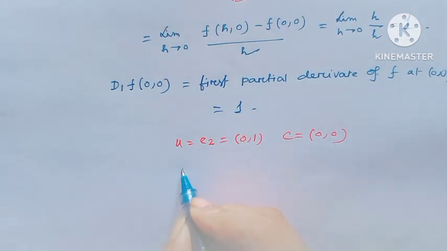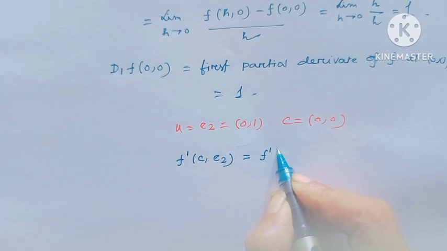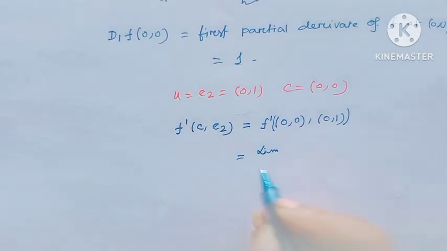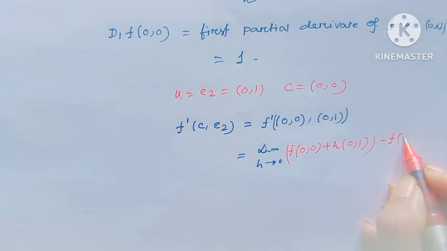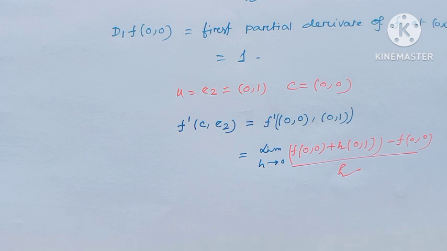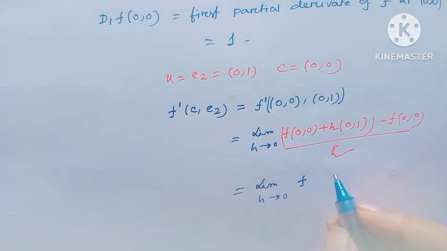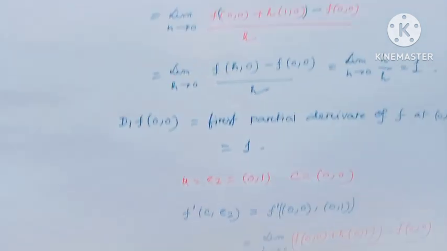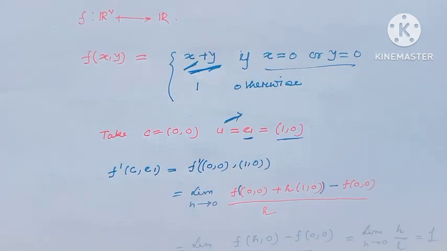Then f'(c; e2) is f'((0,0); (0,1)), and this value equals the limit as h goes to 0 of [f((0,0) plus h(0,1)) minus f(0,0)] divided by h. This equals the limit of [f(0, h) minus f(0,0)] divided by h, and f(0, h) is equal to h.